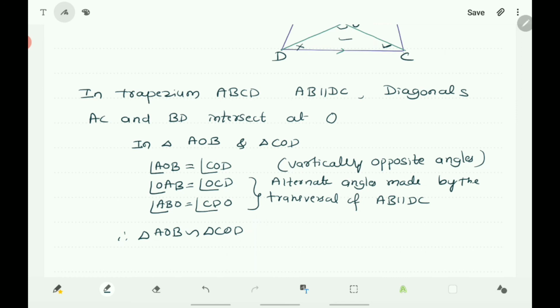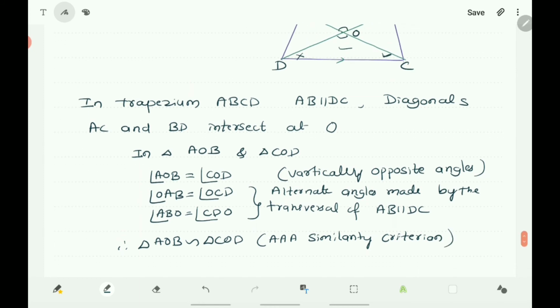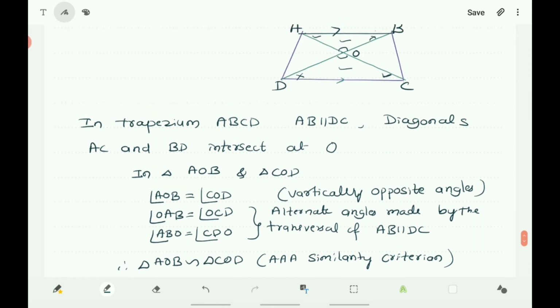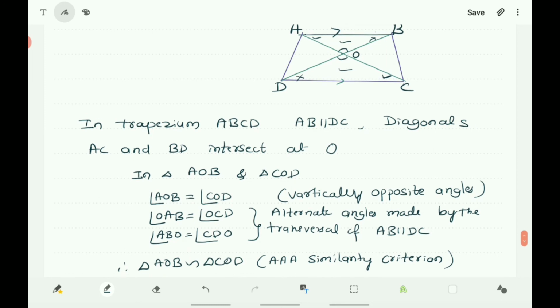So here, which criterion is used? AAA similarity criterion. And you need the ratio here. Once you prove that the triangles are similar, you can write the ratio of the corresponding sides.